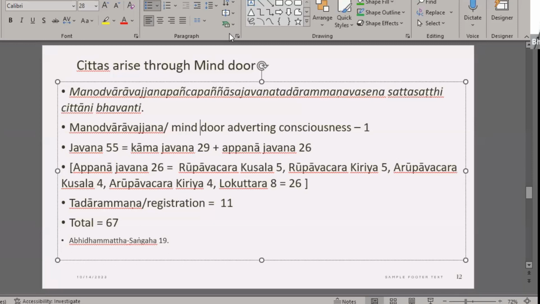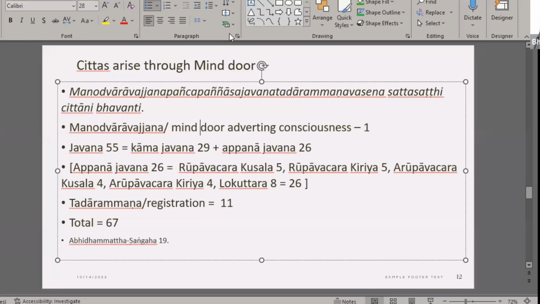How many Chittas altogether arise in the mind door? 1 Manodvara Vajjana, 55 Javana Chittas. We separate these Javanas into 2 groups, Kama Javana and Appana Javana.